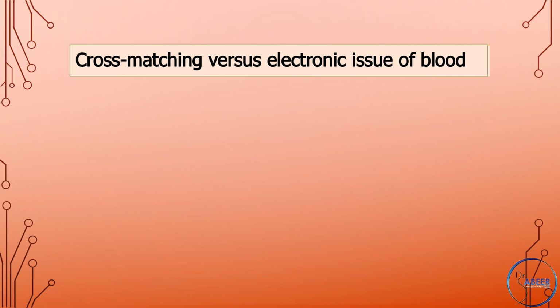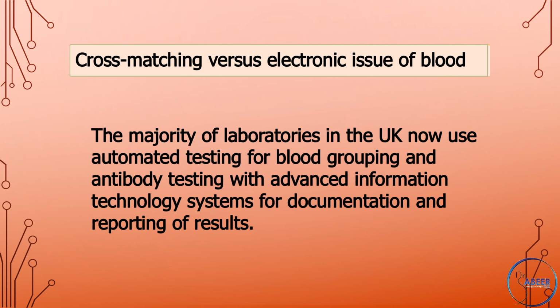Cross-matching versus electronic issue of blood. The majority of laboratories in the UK now use automated testing for blood grouping and antibody testing with advanced information technology systems for documentation and reporting of results.